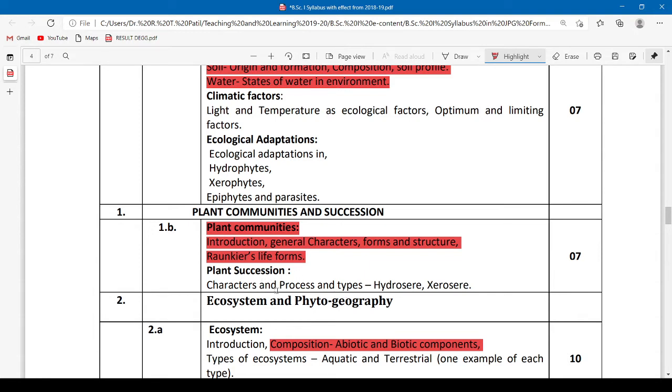That means what are the characters of succession, how the succession occurs in the environment, and the two types of succession, that is hydrosere and xerosere. How hydrosere type of succession occurs in the environment, that means characters and process of hydrosere, and characters and process of xerosere succession. These are the two types of succession that you have to study for the examination point of view in this subunit.